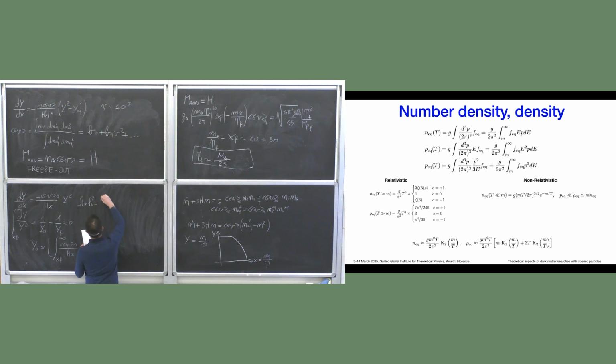the relic density, that is equal to the dark matter mass, entropy today, comoving number density today, h squared, divided by rho critical. Okay, this is the general equation to find the dark matter relic density. And in Y0, we find the solution of this integral.